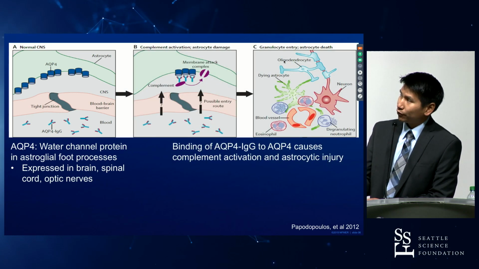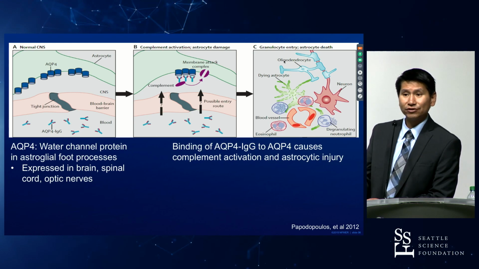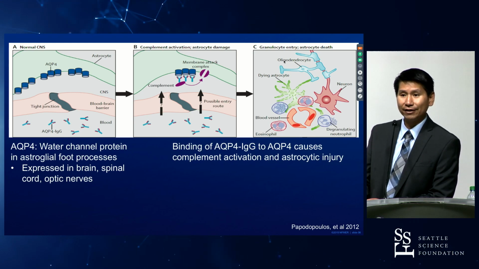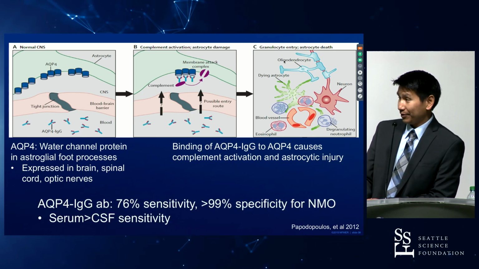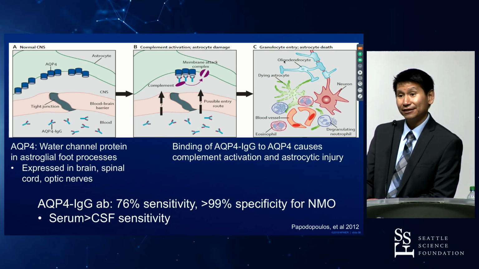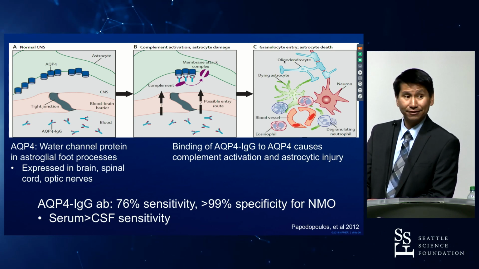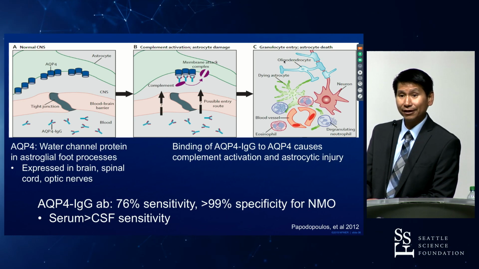And when the aquaporin 4 antibody binds to aquaporin 4, it actually activates complement, astrocytic injury, and then secondary demyelination. So it actually has a different pathway than multiple sclerosis. The aquaporin 4 antibody has a sensitivity of 76% and a specificity of 99.8% for NMO. So it's an incredibly specific antibody. And the serum is actually more sensitive than the CSF for the NMO antibody.